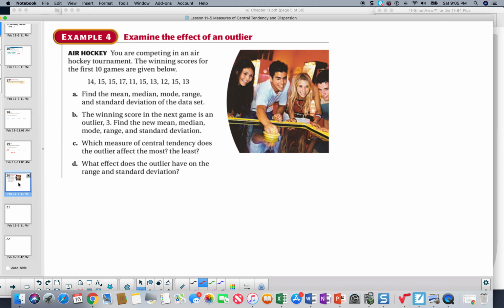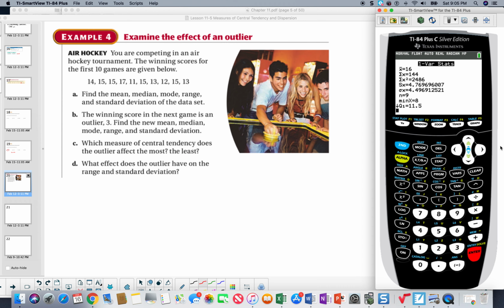Okay, let's take a look at what outliers will do, what numbers that are not close to all the rest of the data will do. We're going to find the mean, median, and mode of these numbers right here. And again, I have it in my calculator. So I am going to go over here, show you stats. And I'm running it over here to list 3. And you can see I have all my numbers here. So I'm going to do second quit.